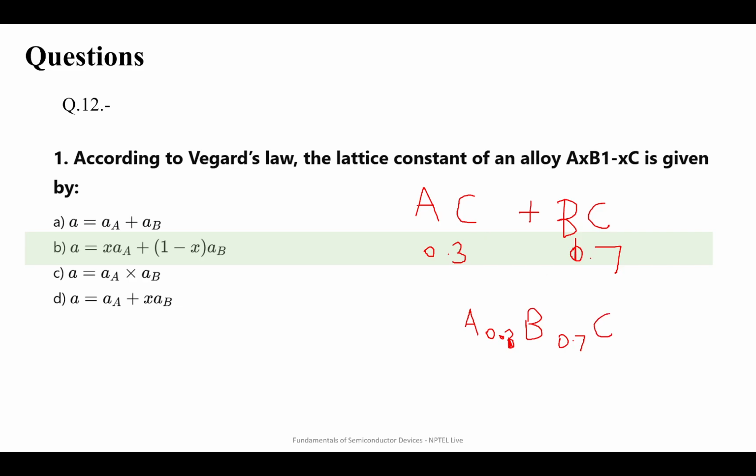Now if the lattice constant of AC is alpha 1 and the lattice constant of BC is alpha 2, what will be the lattice constant of this, which is alpha 3? How can I find alpha 3? A alpha 1 plus B, 1 minus alpha 1.